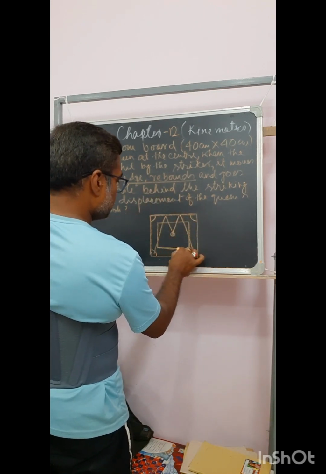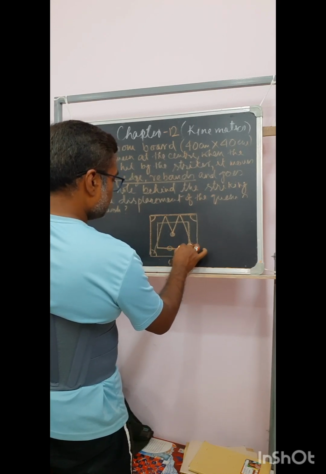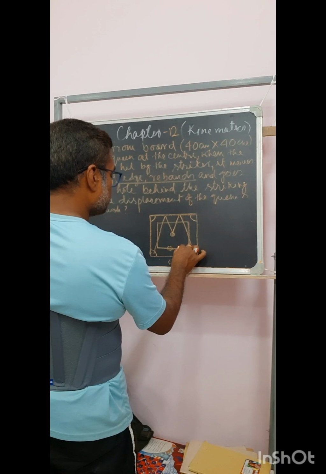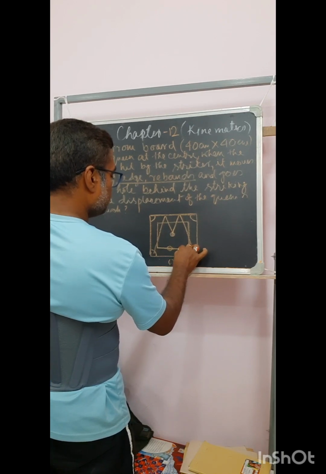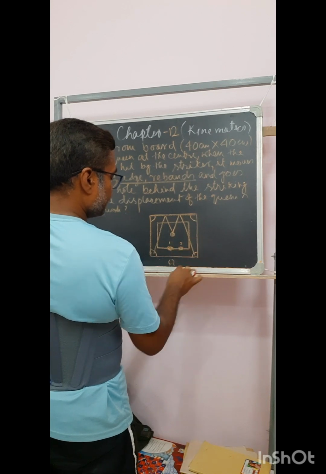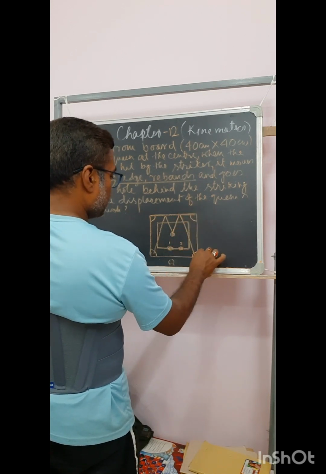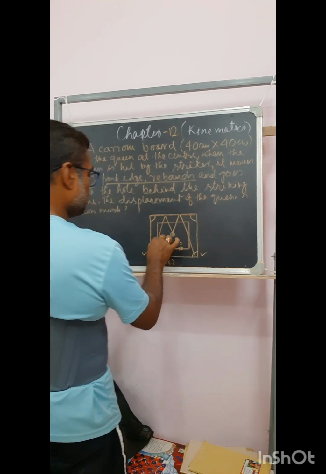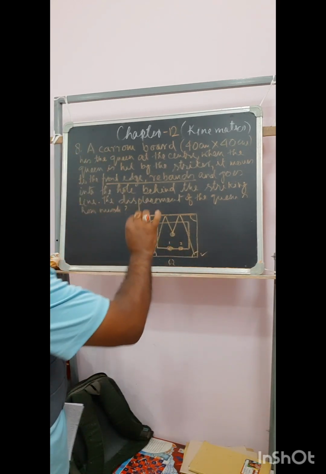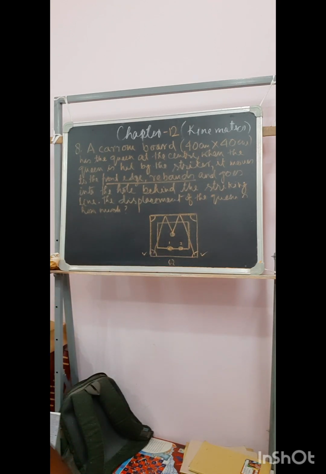This is the striker's line from where he will strike, either this side or this side. So the striker will be sitting either on this point or this point. These are the only possibilities. When it rebounds back, it will go to either this or this. This is the scenario of the sum given.